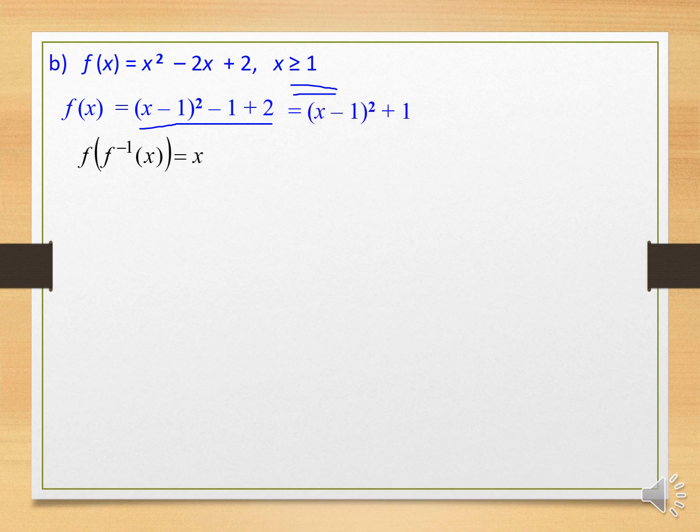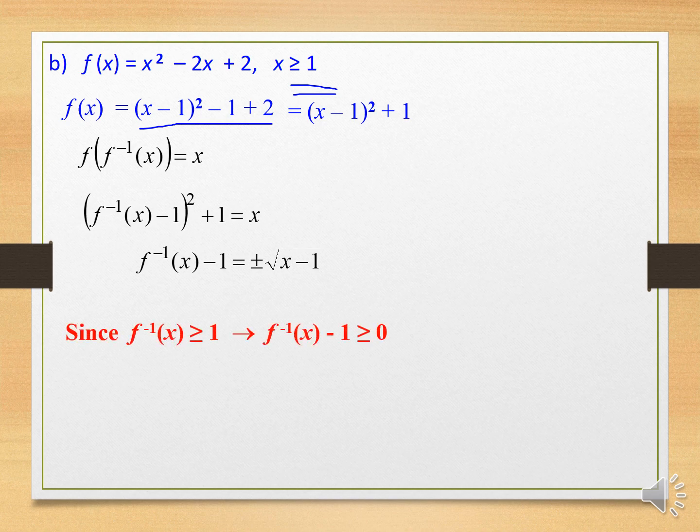By using composite function f composite f inverse equals x, we get (f inverse(x) minus 1) squared plus 1 equals x. Therefore, f inverse(x) minus 1 is plus or minus the square root of x minus 1. And f inverse(x) equals the square root of x minus 1, plus 1.